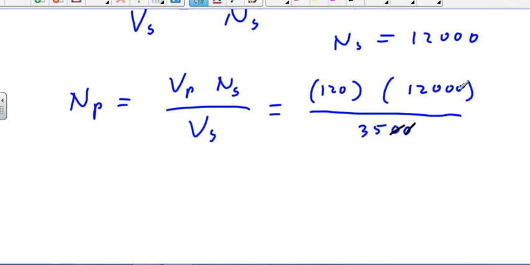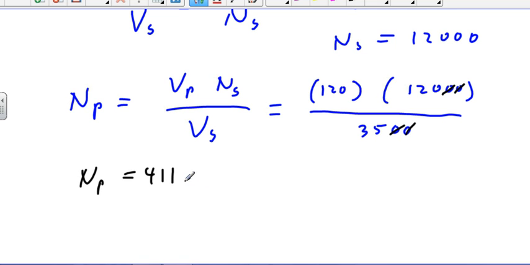So I'm going to get rid of these zeros, and so I got 120 squared divided by 35. 411, really? So turns primary is 411.